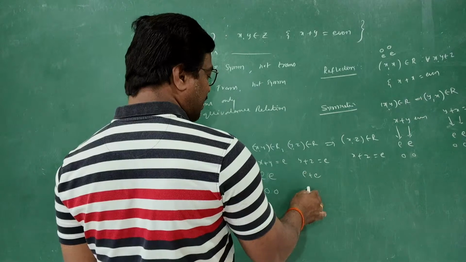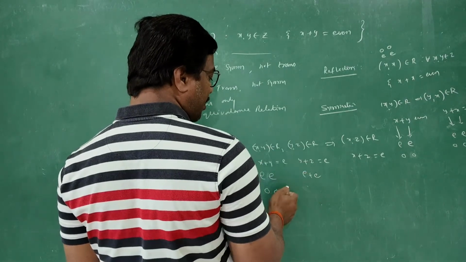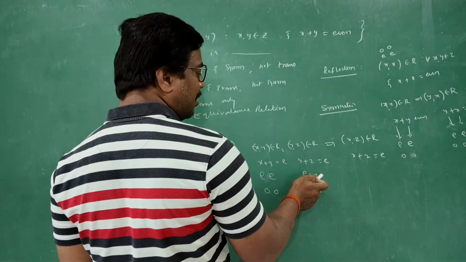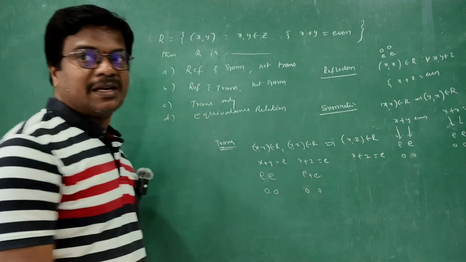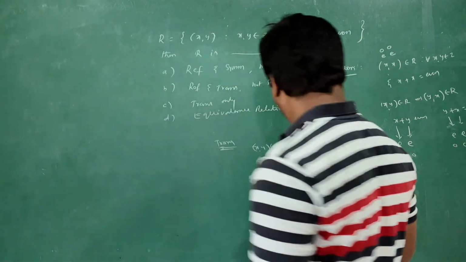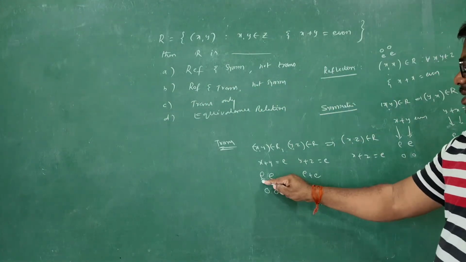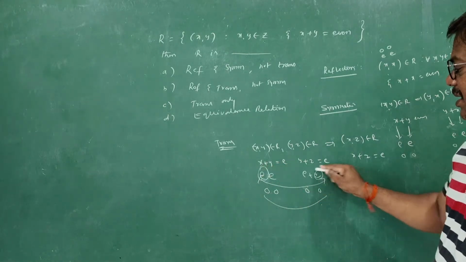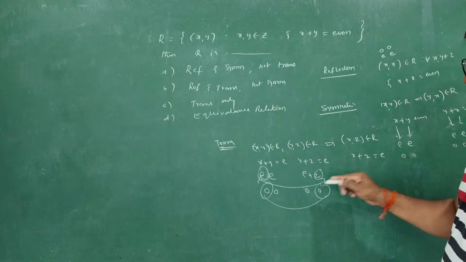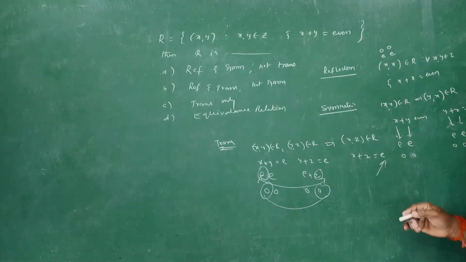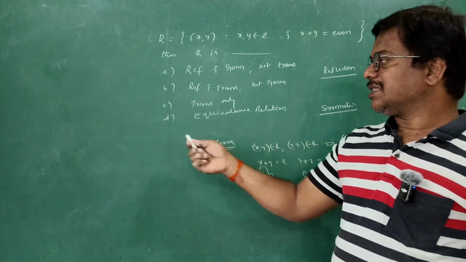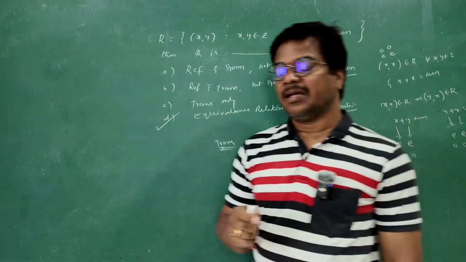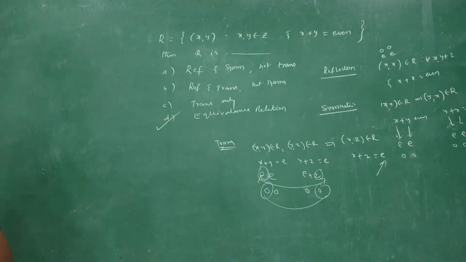Next, y odd in the second case: odd plus odd is also even. And finally x plus z: even plus even, odd plus odd, again even. So it is reflexive, symmetric and transitive, and hence it is an equivalence relation, remember. We go for the next one.